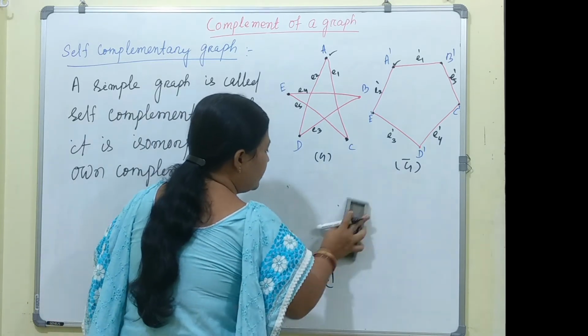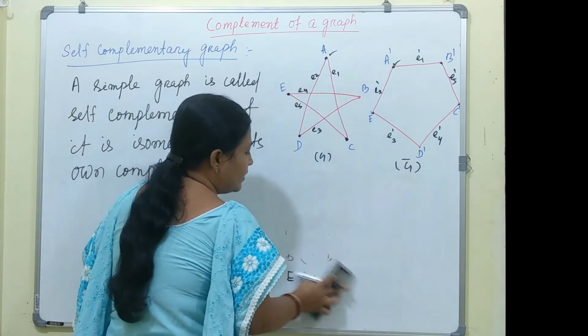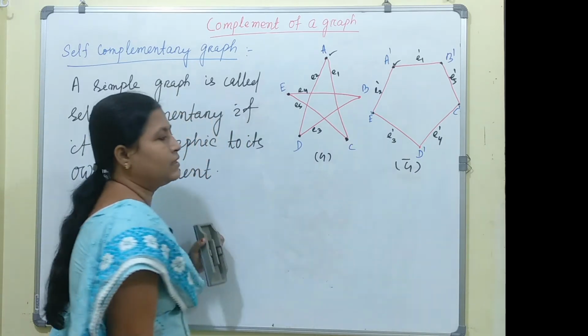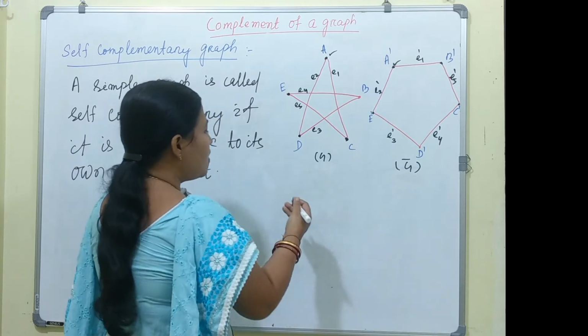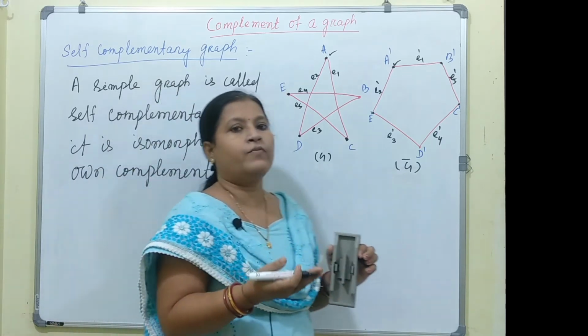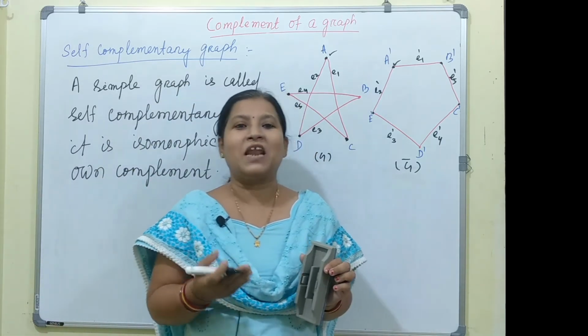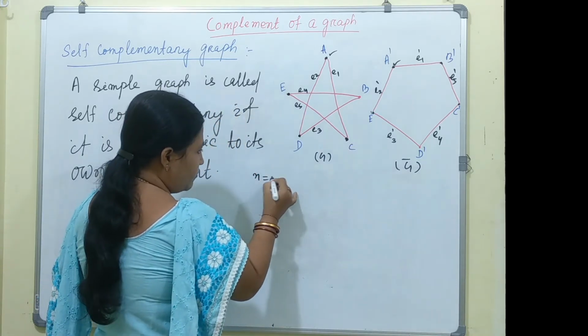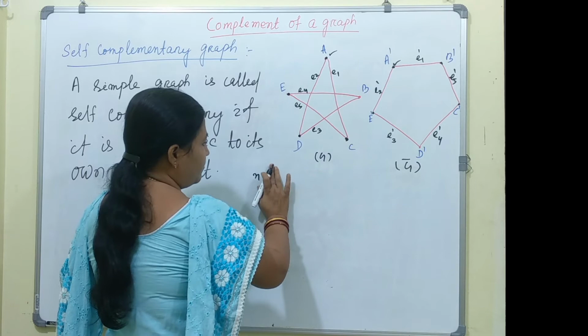One more thing: if we take a complete graph of n vertices, what is the complement of the complete graph? Taking an example, n is 5.